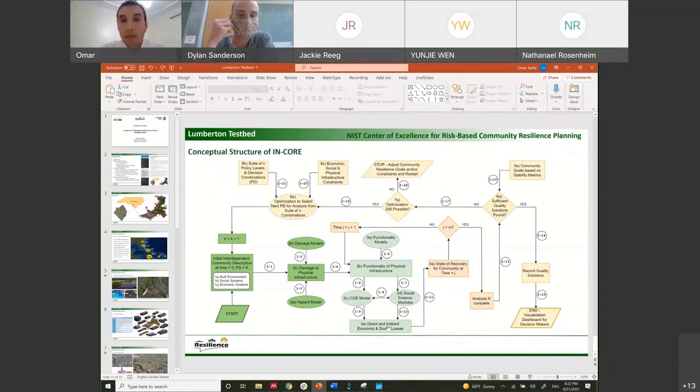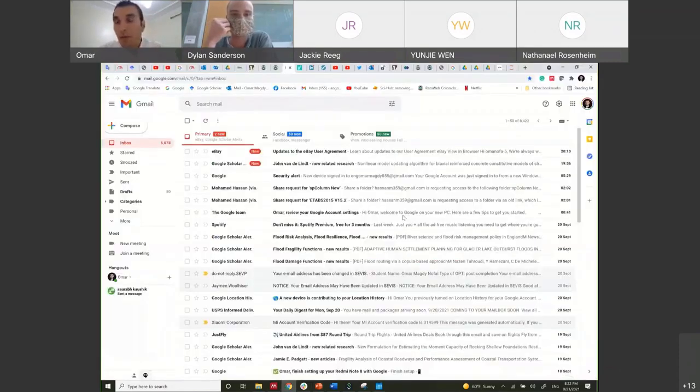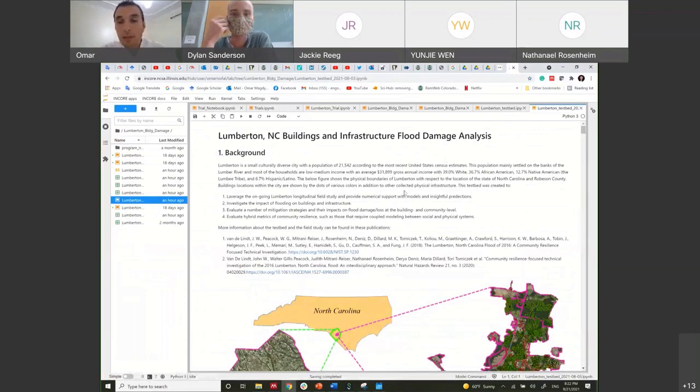Okay, so here's the notebook, if you were able to download it from GitHub. It starts with some background about Lumberton, including location and the race and ethnicity of the people who live there. The total population is about 20 or 21,000, and here's the racial composition.